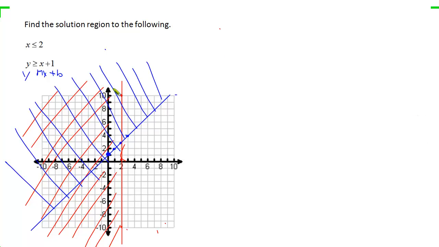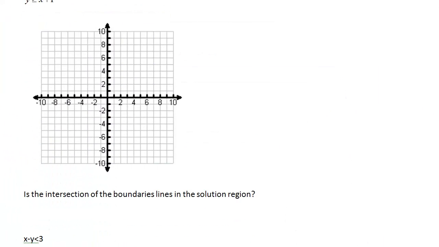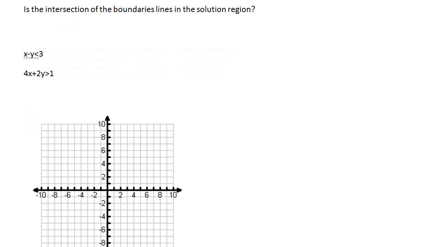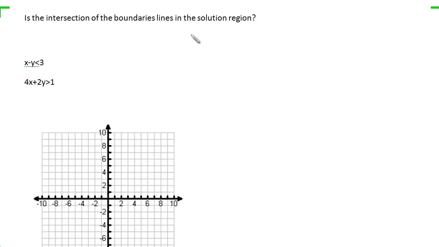So again, anything that falls within this overlapping region is a solution to this system. Now this question here references up above: is the intersection of the boundary lines in the solution region?